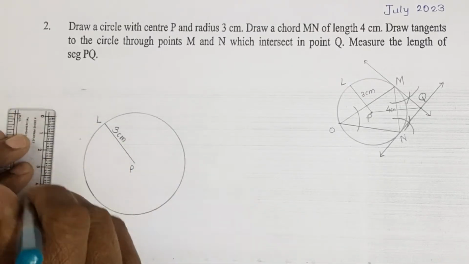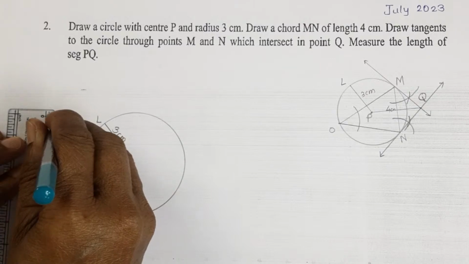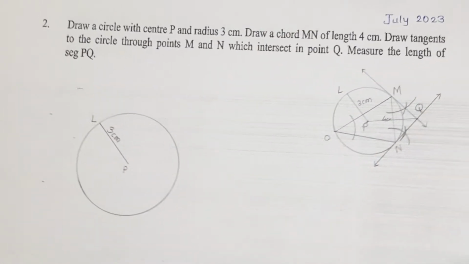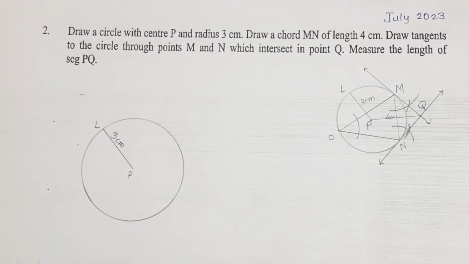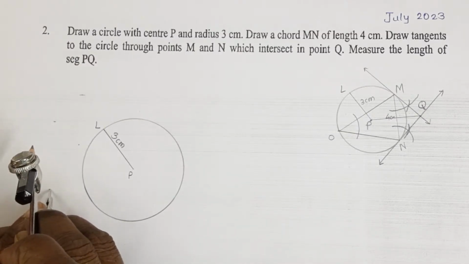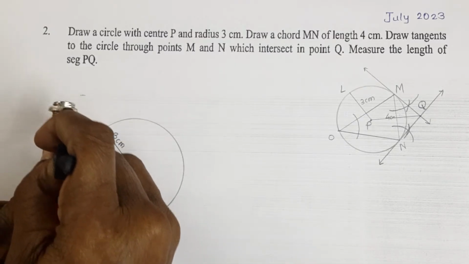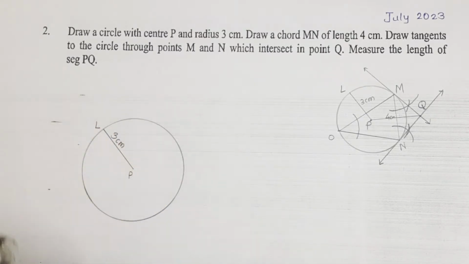So the 4 centimeter is taken this way. Take the distance in the compass. So this is 4 centimeter.